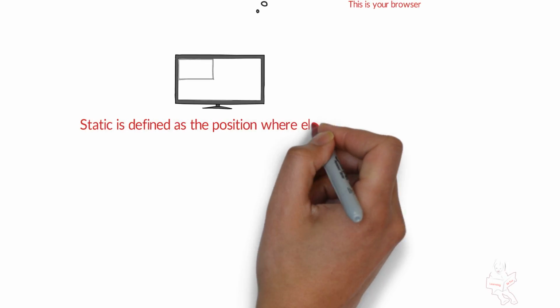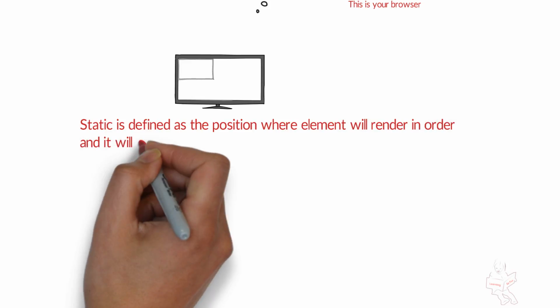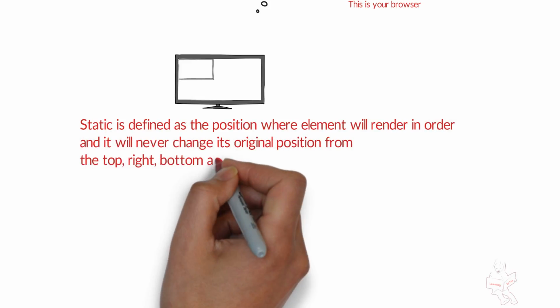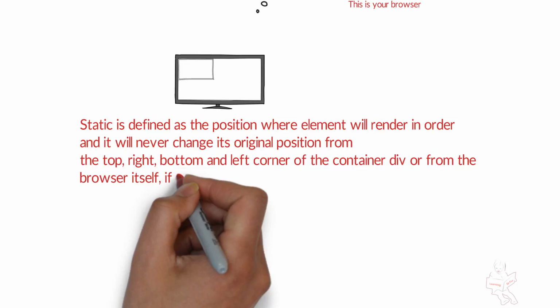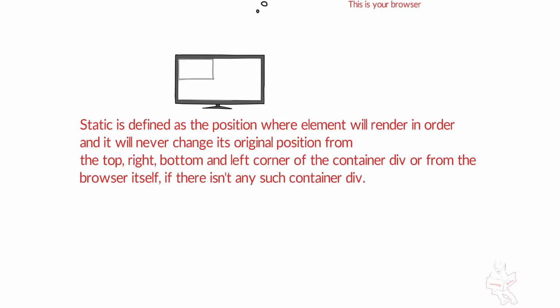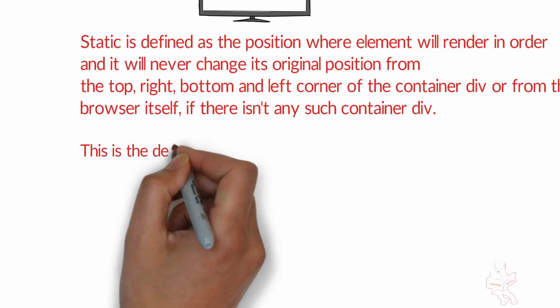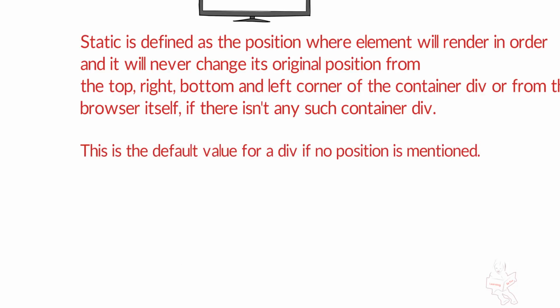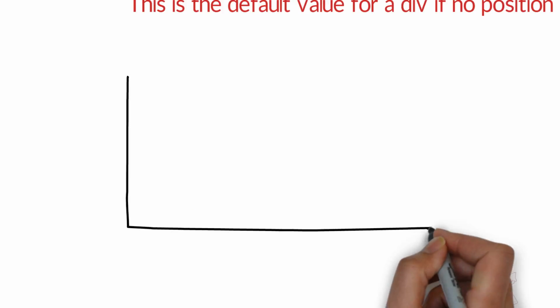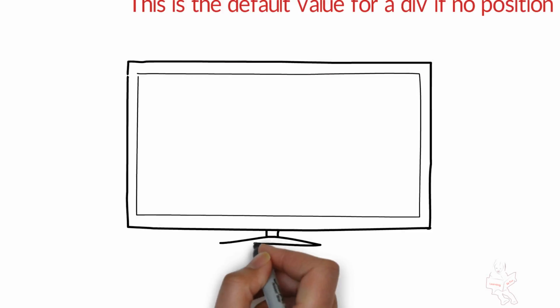Static position is defined as the position where the element will render in order and it will never change its original position from the top, right, bottom and left corner of the container div, or from the browser itself if there isn't any such container div. This is the default value for a div if no position is defined.